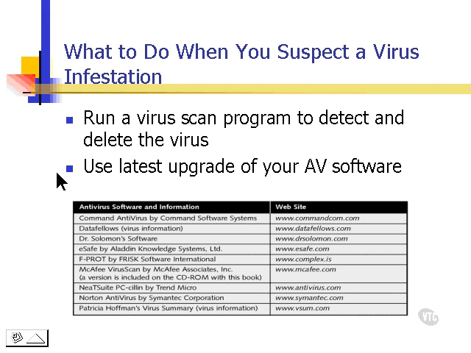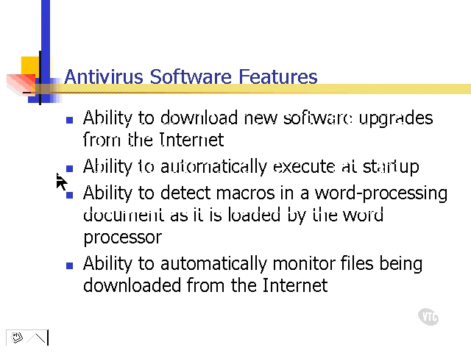When purchasing antivirus software, some features to look for include the ability to download new software upgrades from the internet, the ability to automatically execute it at startup, the ability to delete macro viruses in a word processing document as it is loaded by the word processor.